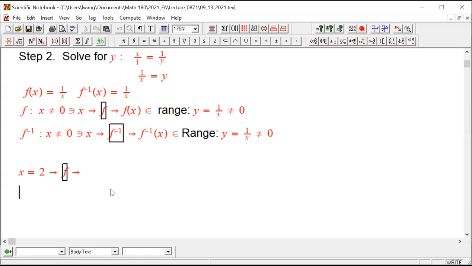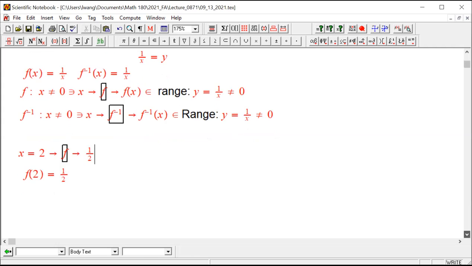How to find the output: you take the function, the input is 2, you replace x by 2, and you plug in. So the output is half. You guys see that? Is that easy to do? That's how you produce the output from the input. You follow the rule. Remember, a function is a rule.